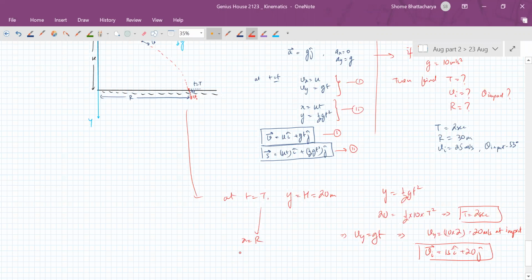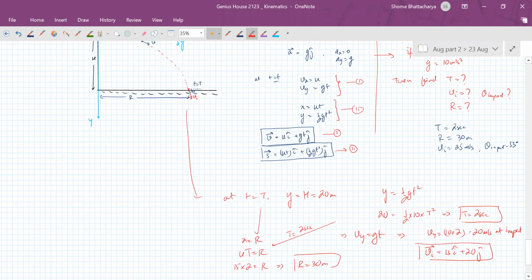So u into capital T in this case is equal to r. You substitute the value of capital T as 2 seconds. So 15 meters per second, so you're getting the r as 30 meters.